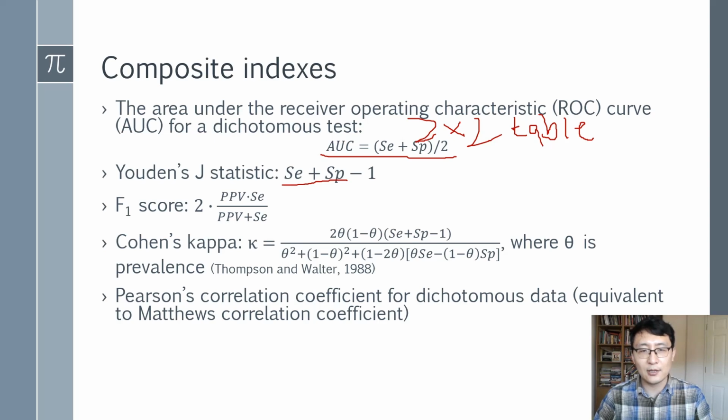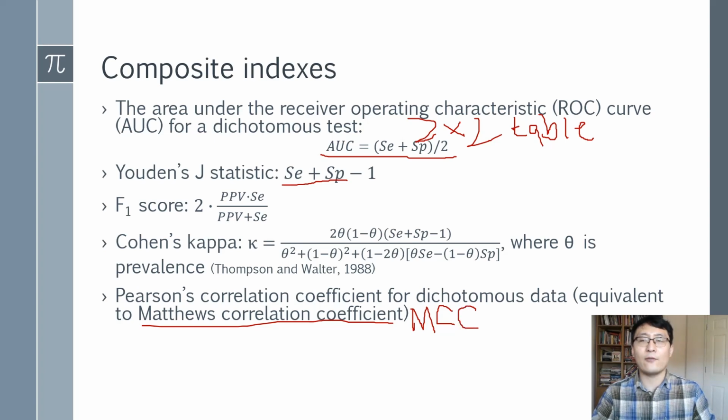I think this term is more common in the machine learning literature, where it is more commonly referred to as MCC. But for binary data, it can be shown that Pearson's correlation coefficient is equivalent to MCC.